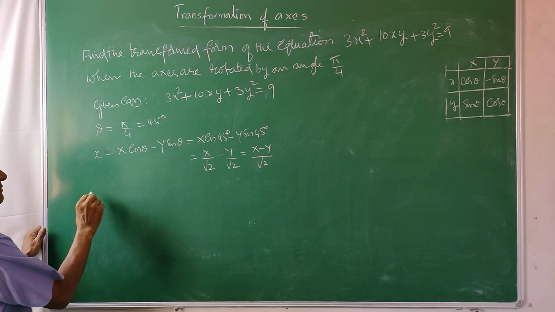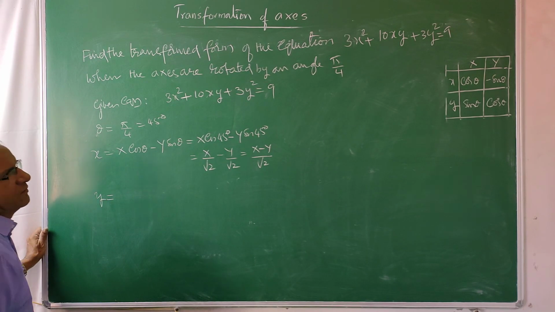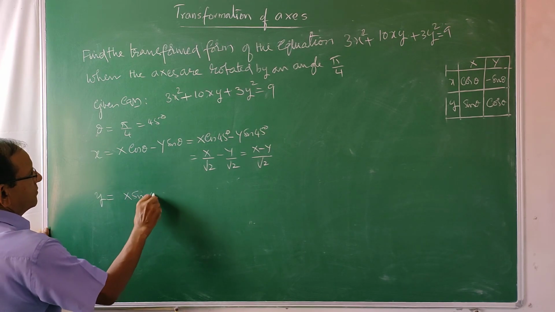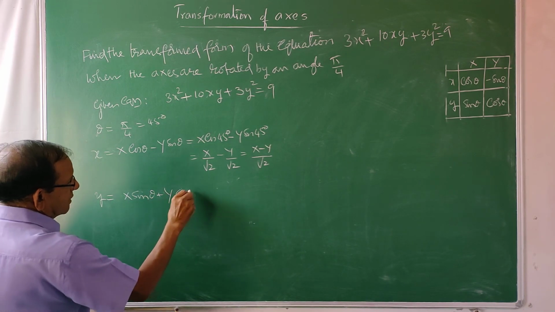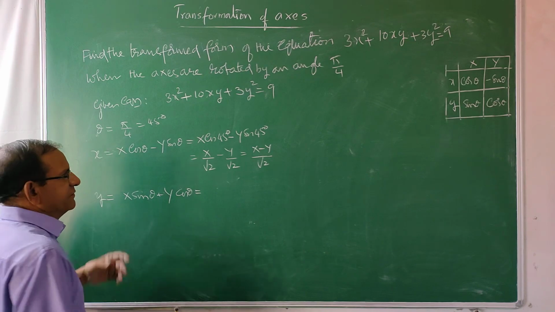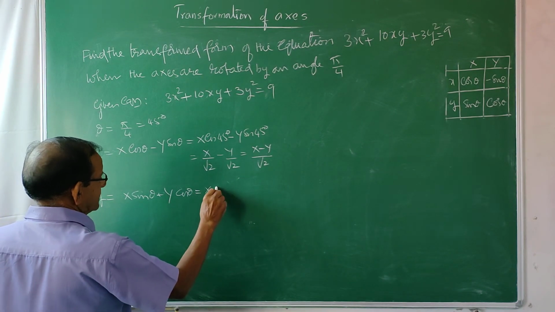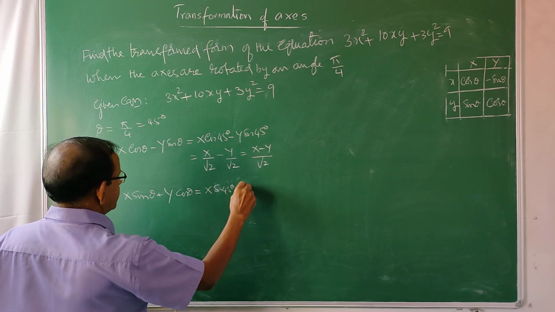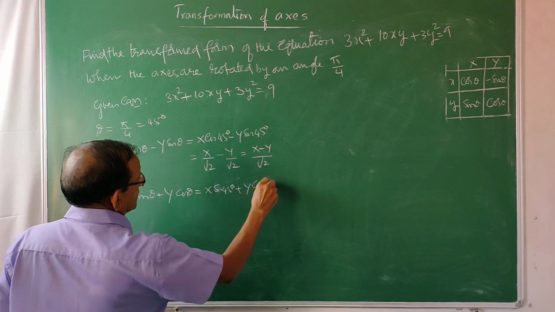Next, small y value. What is small y? Small y = X sin theta plus Y cos theta. Again theta is 45, that is X sin 45 plus Y cos 45.